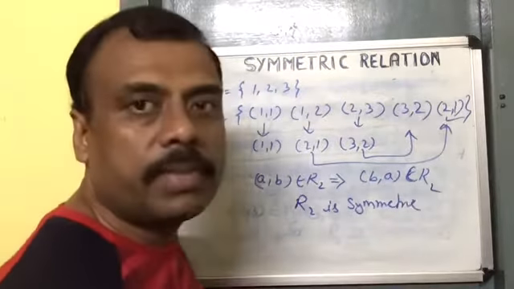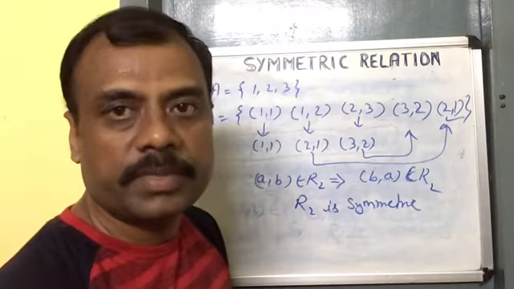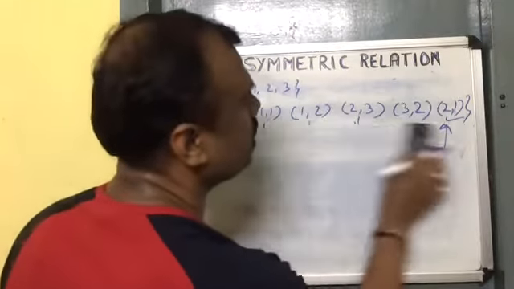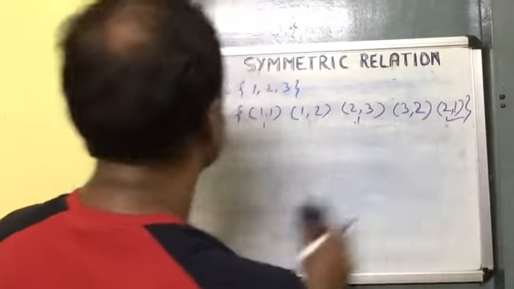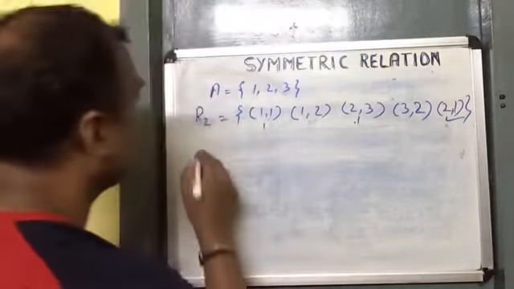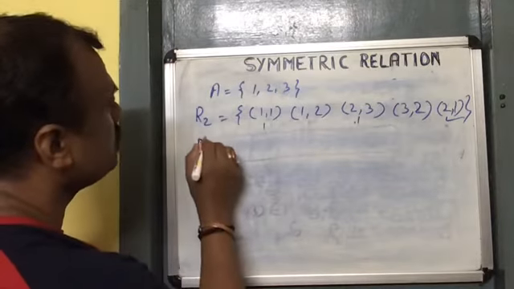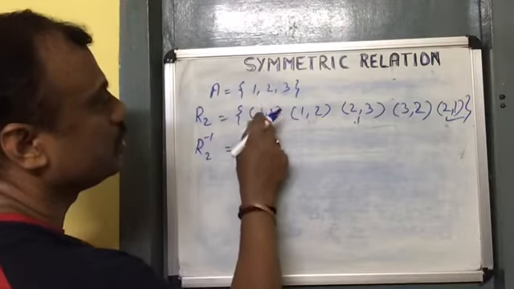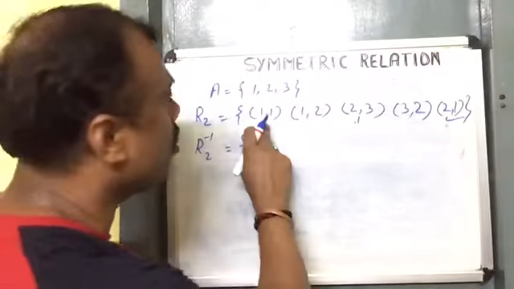We can prove it by another method, that is the mirror method and the inverse relation method. So let us do it by that method. First let us try to do it by the inverse method. What is that? Let us get the inverse relation of R2. For that we change the order of each ordered pair.